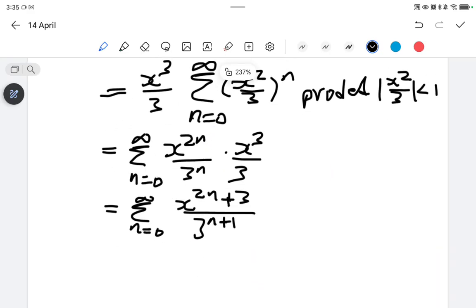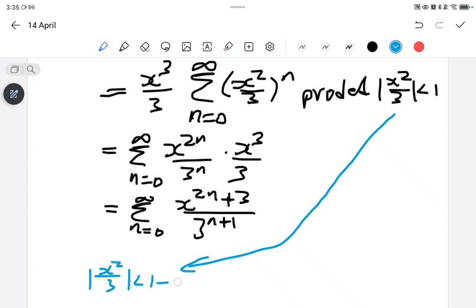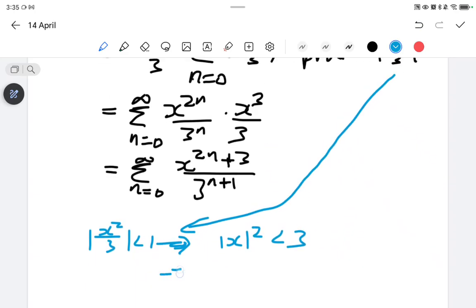Then if we check for the interval of convergence, we have that the absolute value of x squared over 3 less than 1 will imply that the absolute value of x squared will be less than 3, and this will imply that the absolute value of x is less than root of 3.